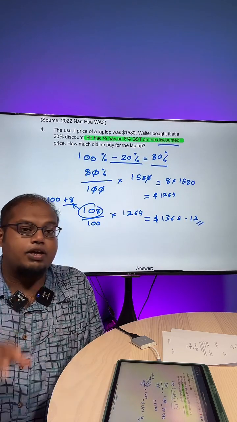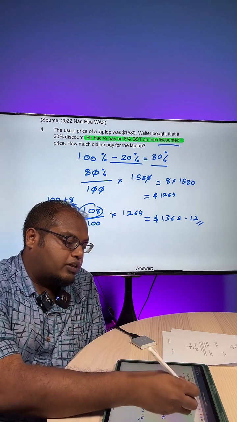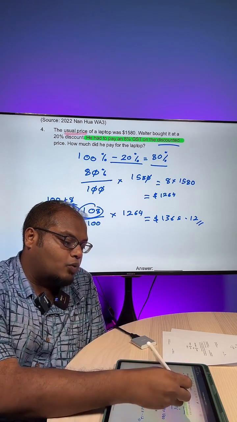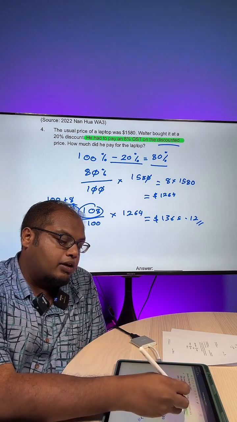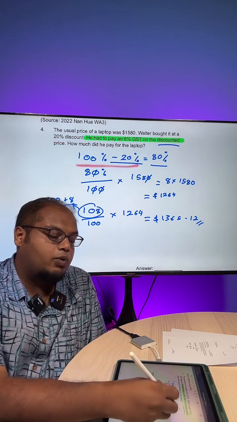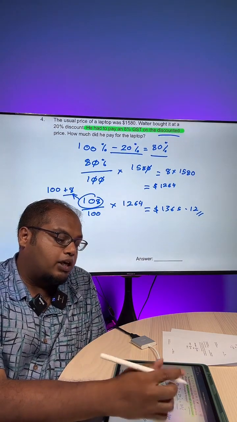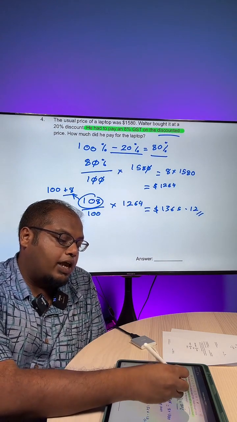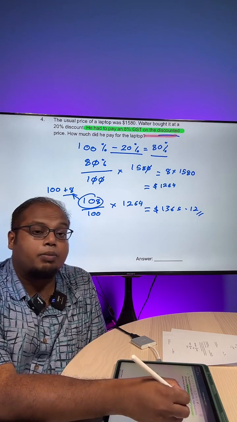So just a quick recap on this question. We started off with the usual price was 1,580. We start off with 100%. There's a discount of 20%. That's why we minus 20, we got 80%. So they mentioned here, he had to pay 8% GST on the discounted price.